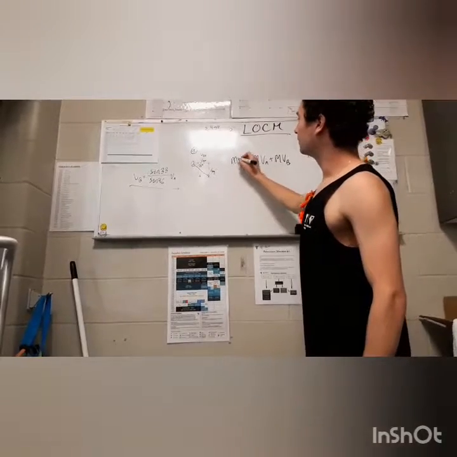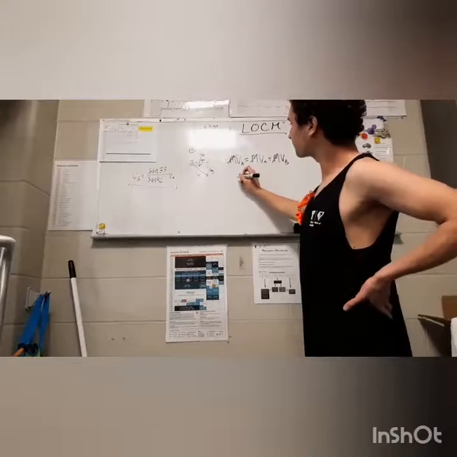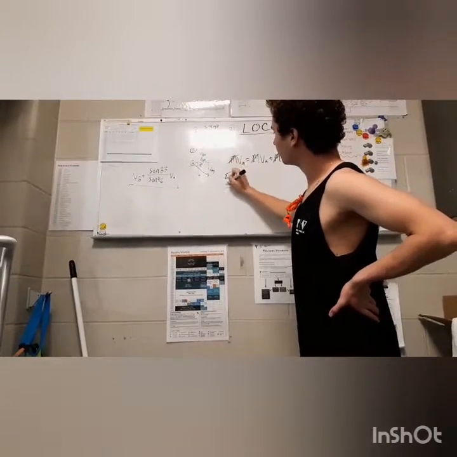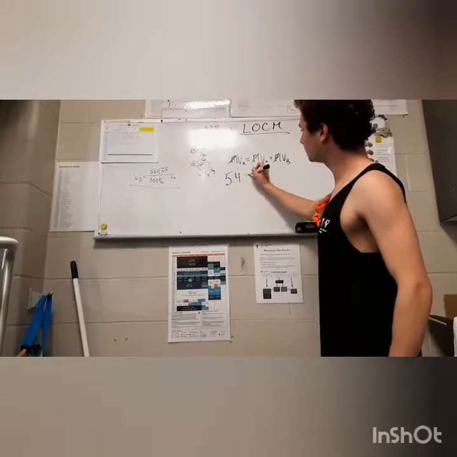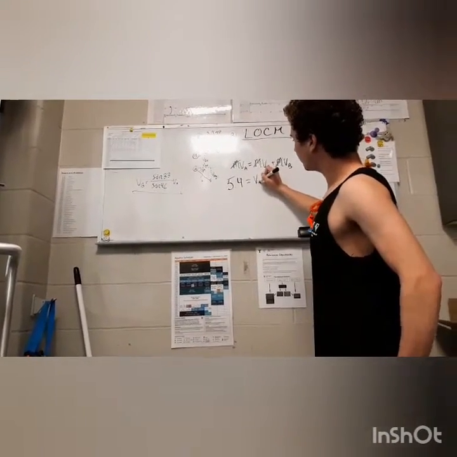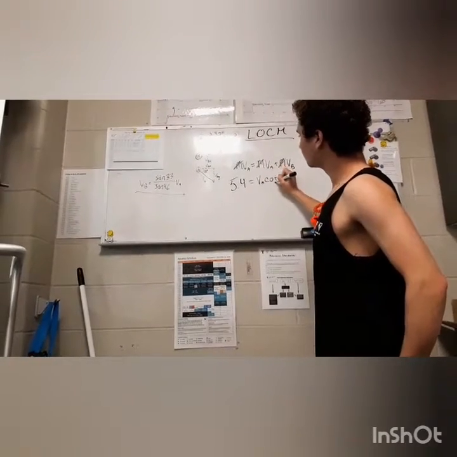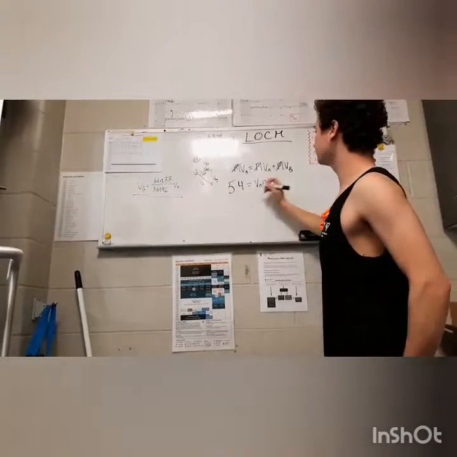And if we realize again that masses cancel out, we're going to get our initial velocity, which was 5.4 meters per second, is equal to VA, cosine ratio this time, since we want it in the x direction.